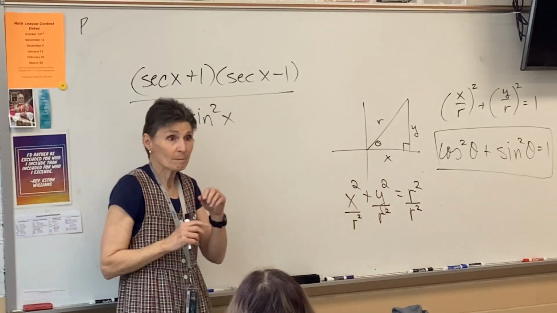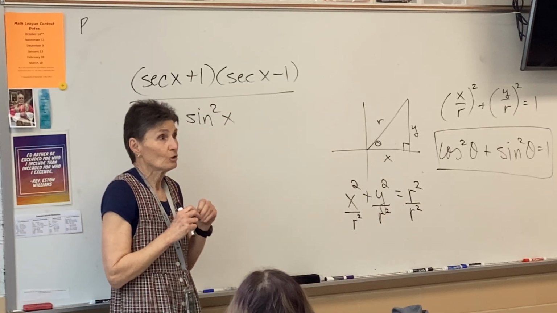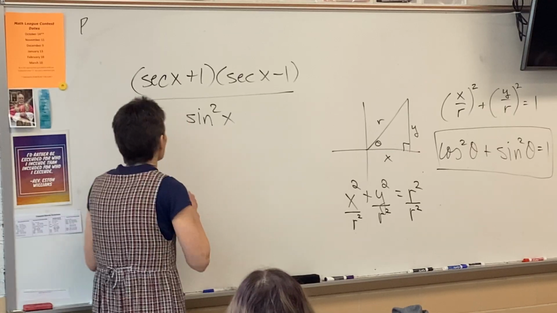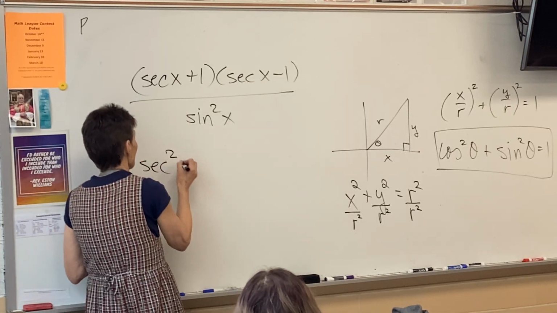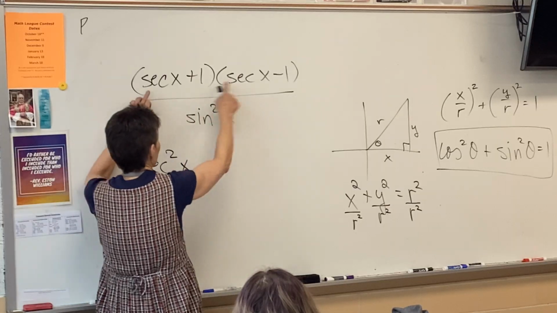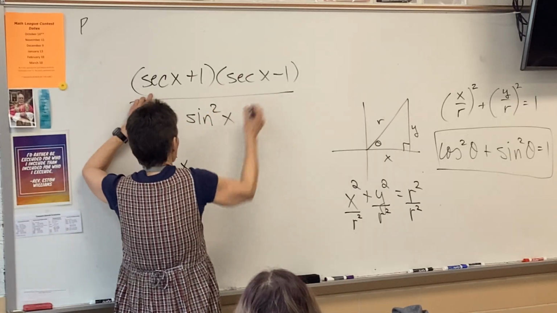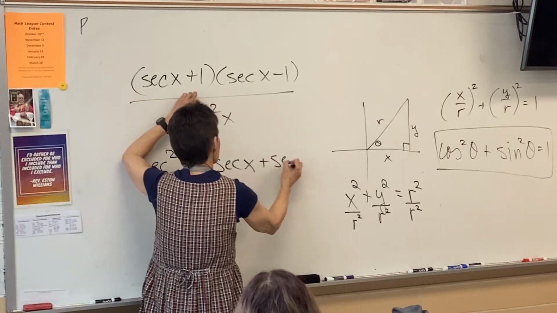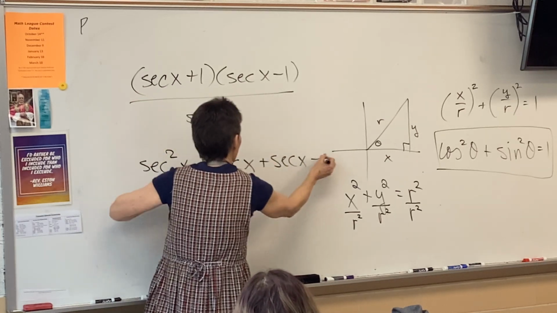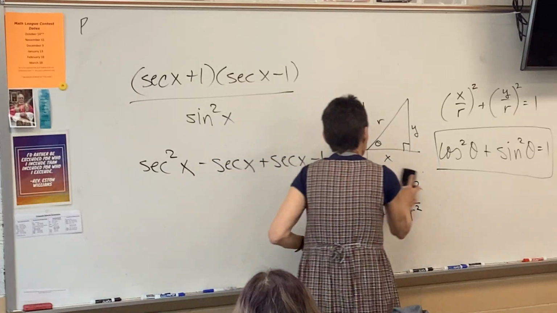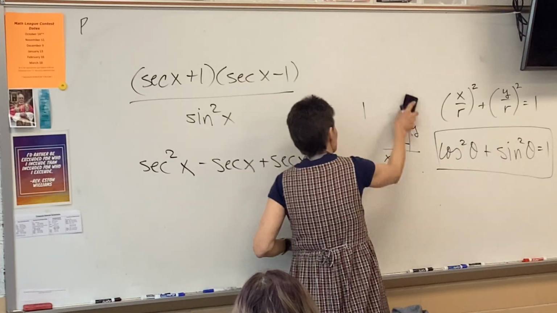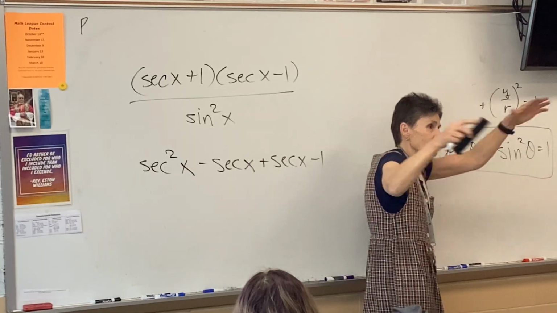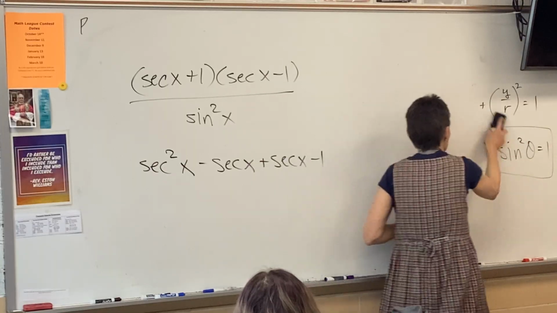So since they're being multiplied, couldn't we FOIL? Why don't we FOIL? So we have secant squared, I'm FOILing, minus secant plus secant minus 1. So just first times first, outsides, insides, and last, right?